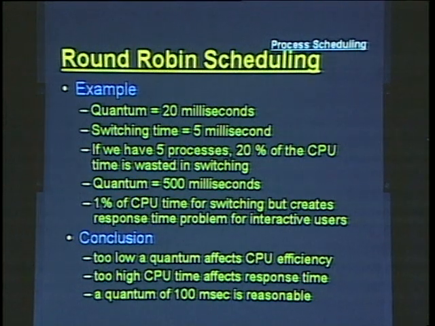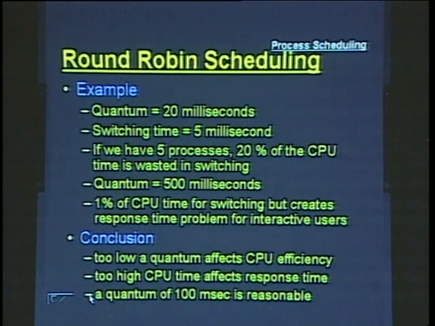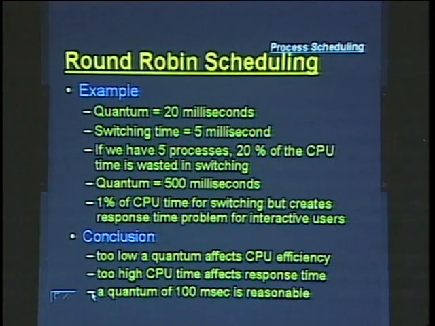The solution is that the quantum should be neither too low nor too high, because if the quantum is too low, it affects the CPU efficiency. If the quantum is too high, then CPU time affects the response time. Generally, it is agreed that a quantum of 100 milliseconds is a reasonable duration.